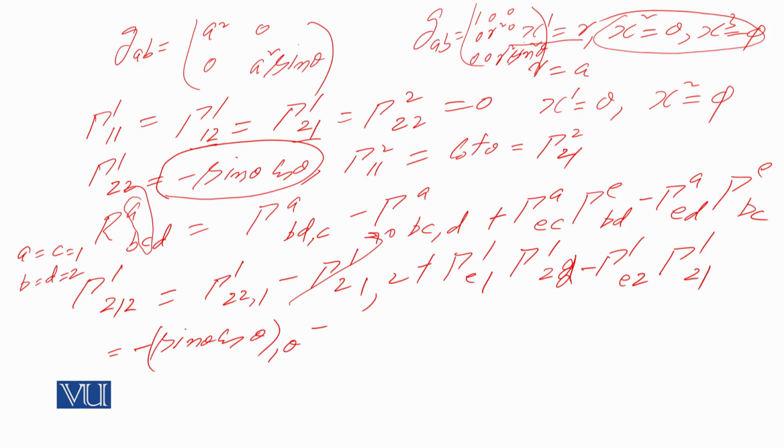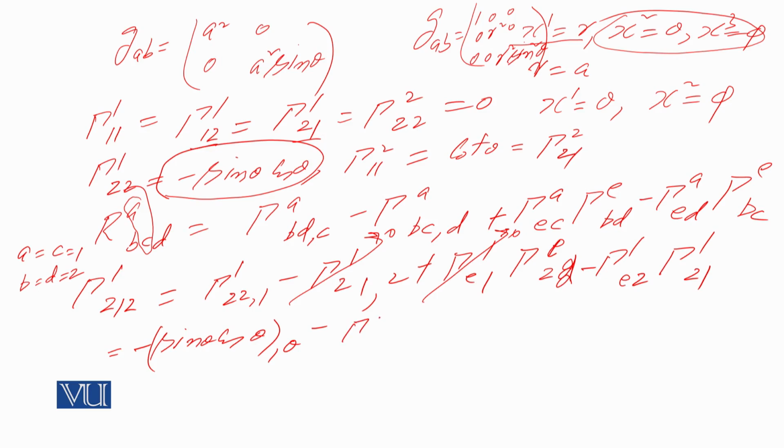Then we have the options of Γ^1_e1, here it is e. We can take e equal to 1, that will make it 0. We can take e equal to 2, that will also be 0. So this term is also 0. So we are left with this term.